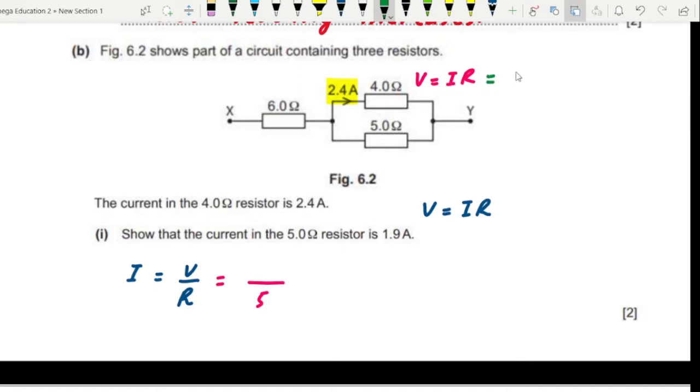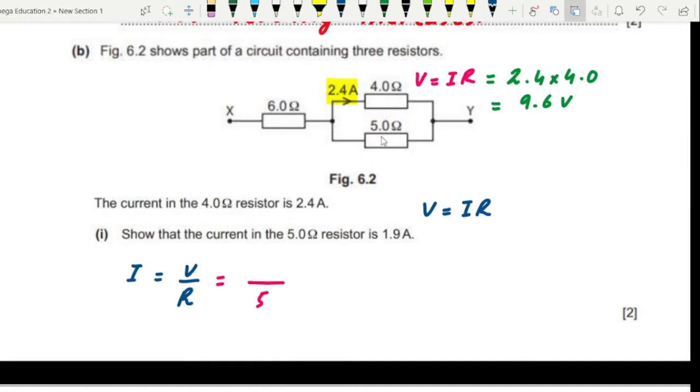So that'll be 2.4 times 4.0. And what do we get? You can just hit it on the calculator. So 9.6 volts is the voltage across this one, and that'll be the same as the voltage across the 5 ohm resistor, because both are connected in parallel.